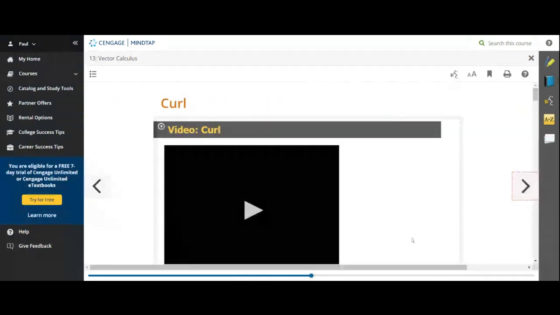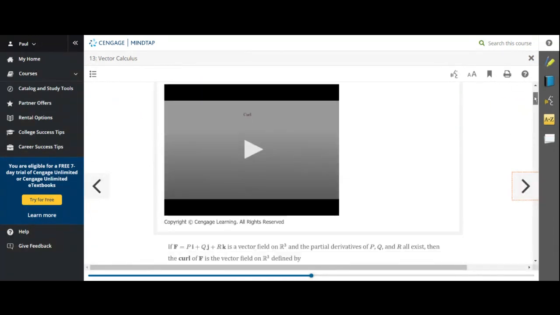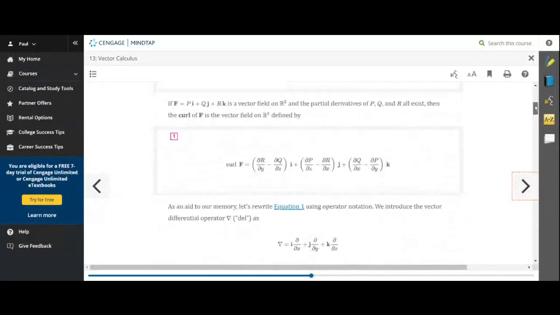But what we'll talk about tonight is something called the curl of a vector. So the curl of a vector is defined as you see it here.